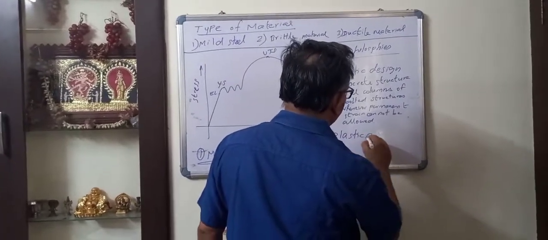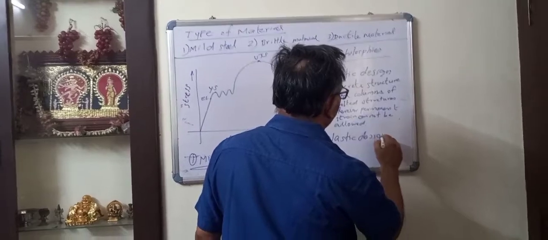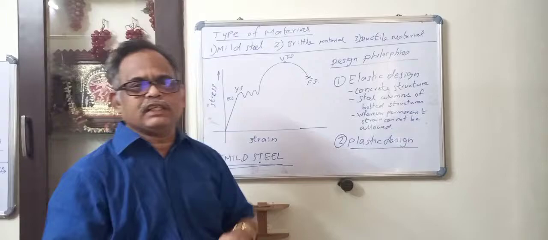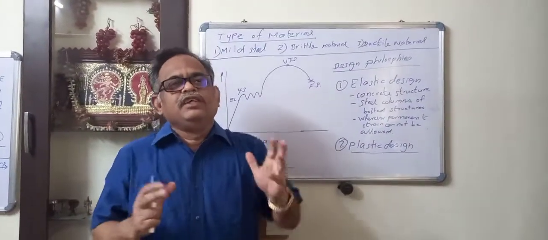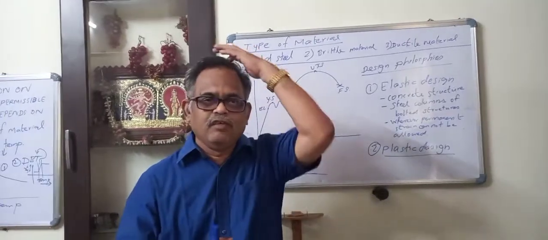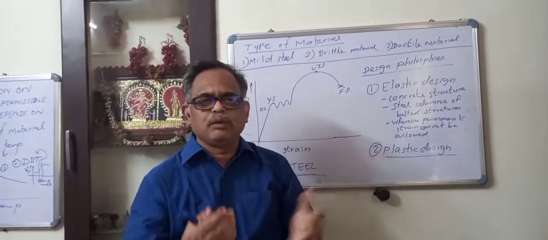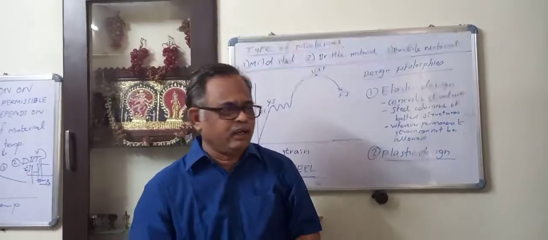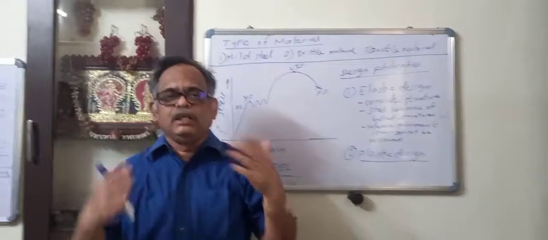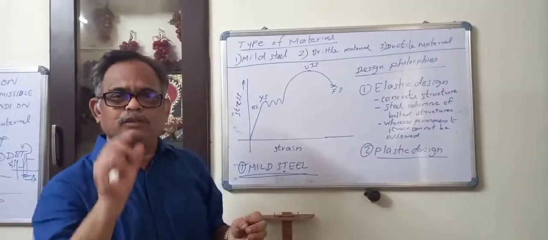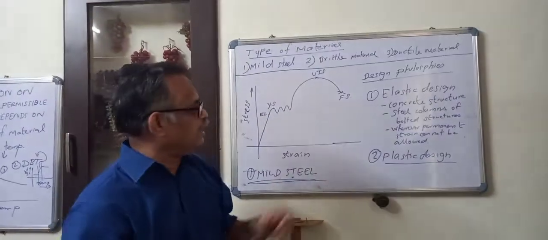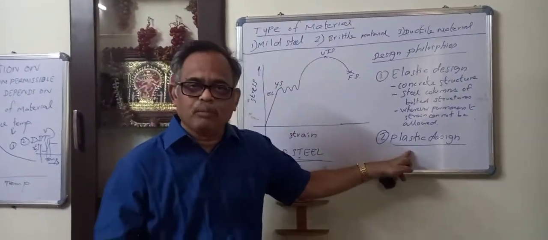Why do we want to go in for plastic design? For example, if a system is less serious in service, like some simple support structures, to economize, to see that cheaper designs are made, and even smaller sections are made to withstand the load, we can go in for plastic design.